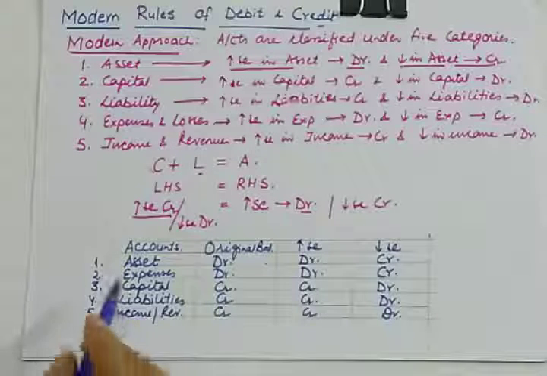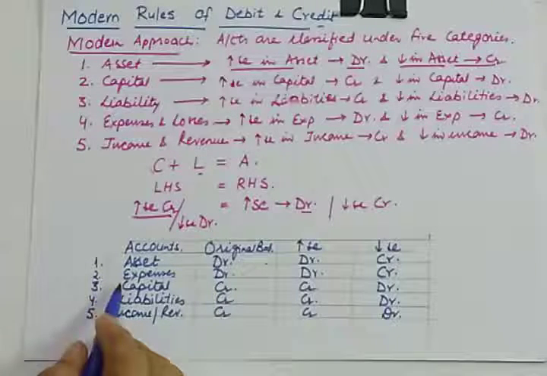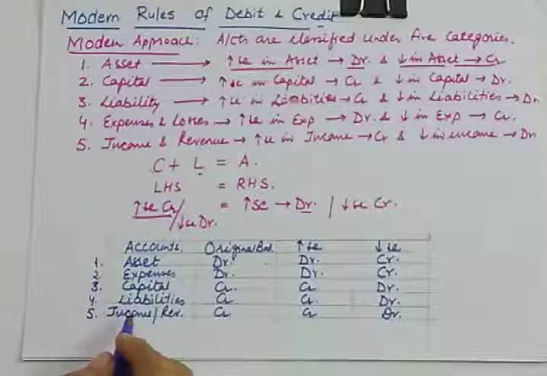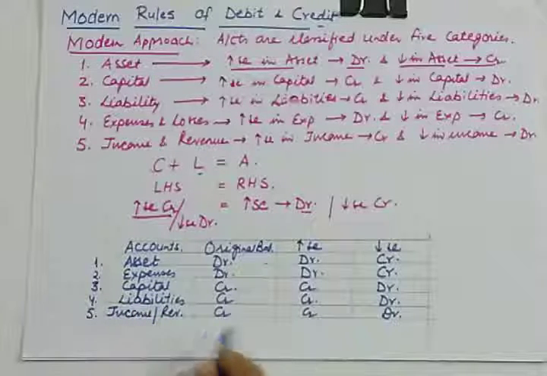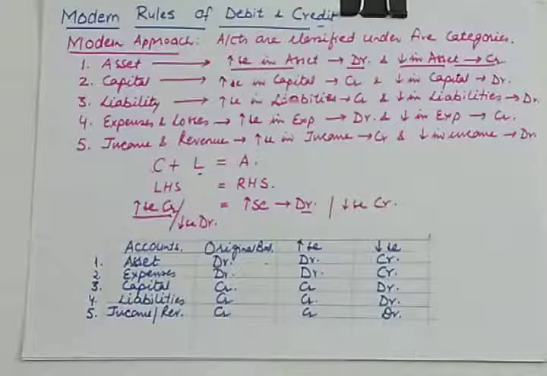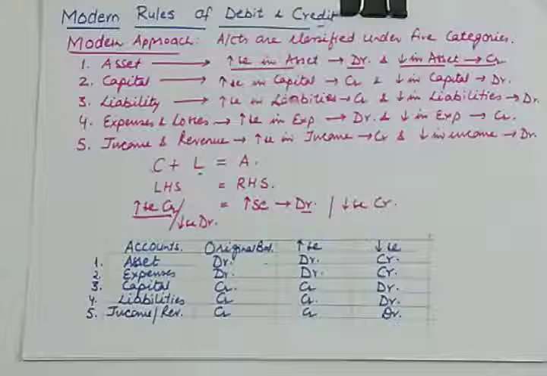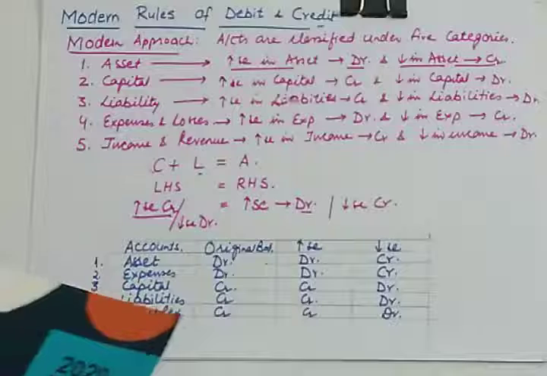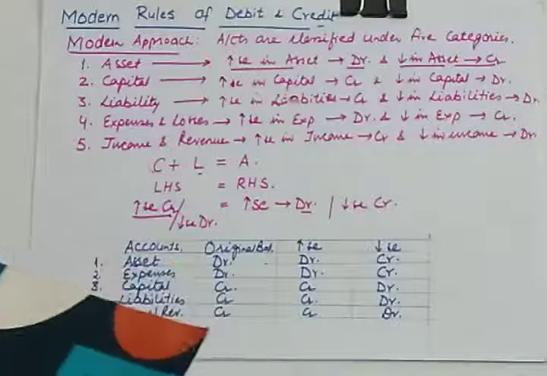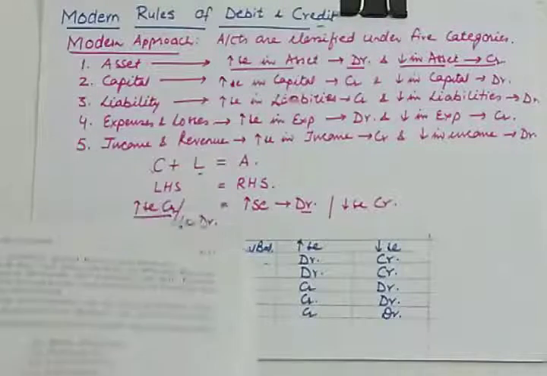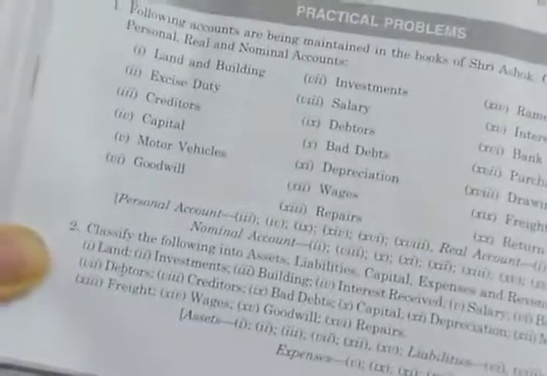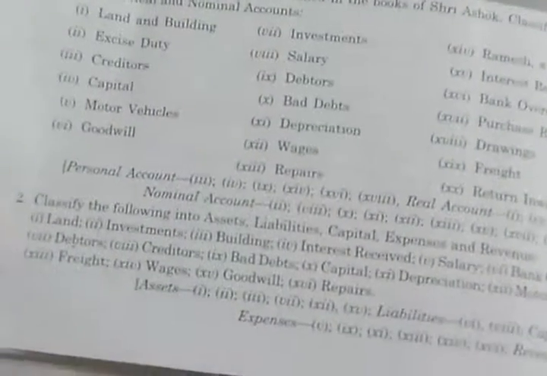But before that, you should be able to trace out all these 5 categories, then only you will be able to apply the rules. So let us do a numerical from T.S. Grewal. A few questions are given in T.S. Grewal through which you will be able to classify all these 5 categories of accounts.